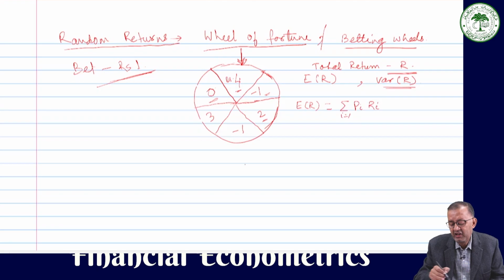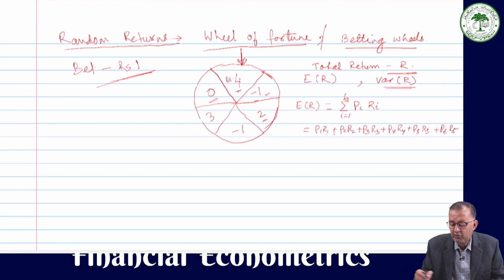Here the entire wheel has been divided into 6 segments. So this is i equal to 1 to 6. So this will be equal to P1 R1 plus P2 R2 plus P3 R3 plus P4 R4 plus P5 R5 plus P6 R6.